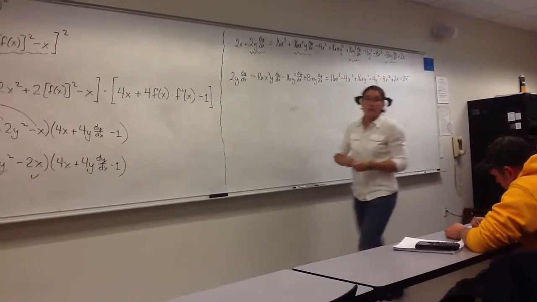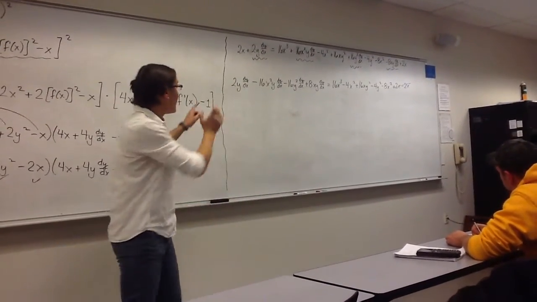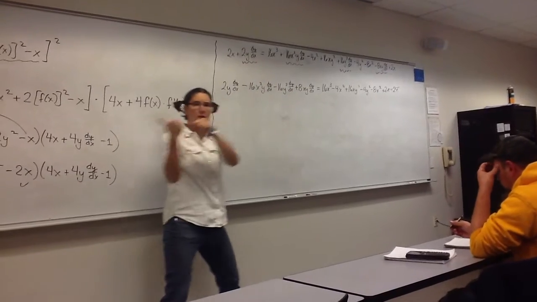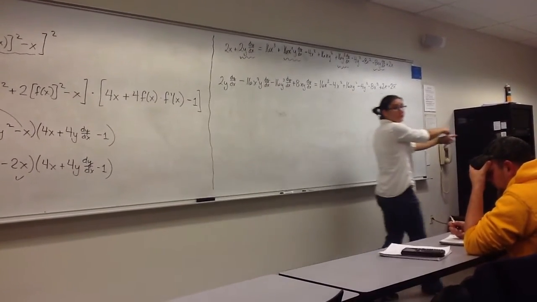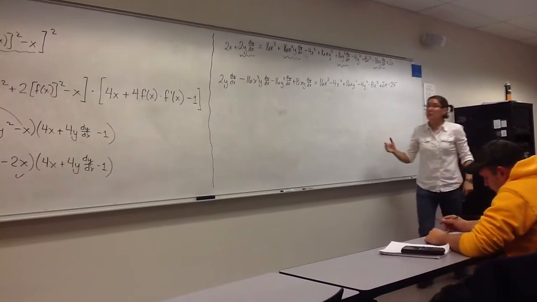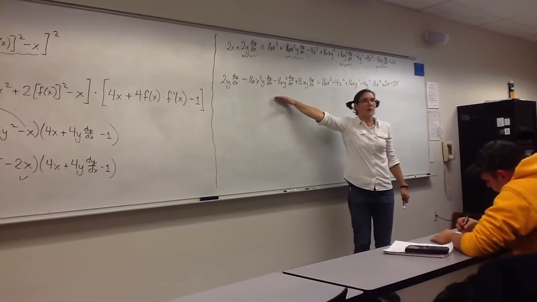All right. So we've now regrouped everything. Everything involving a dy dx is on one side of the equation. Everything without a dy dx is on the other side. And the reason we want to do that is now we can factor out the dy dx.